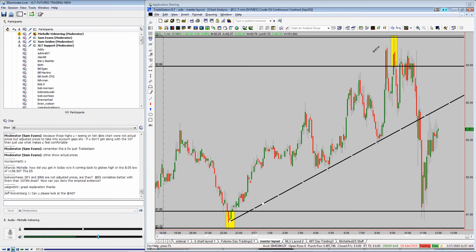Just the same as I like to see that my stocks are moving in the same direction as my sector and as the broad market, I like to look at the time frames, and the same way with these futures markets.